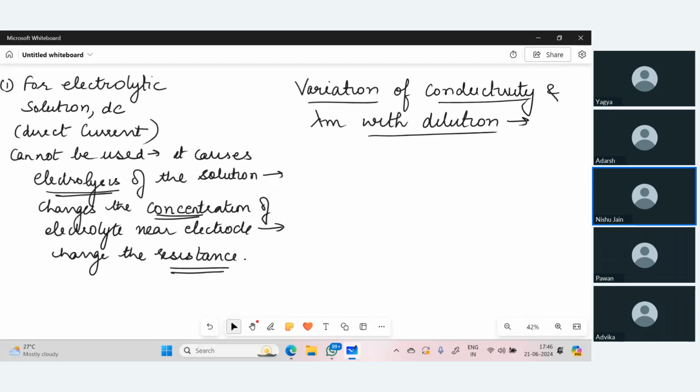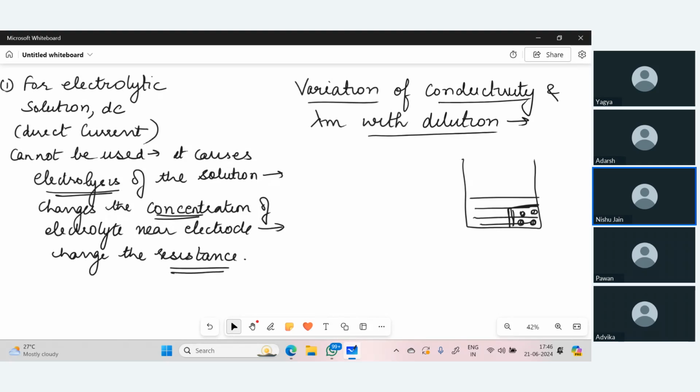Now, let us suppose I have this much of solution and this is 1 centimeter cube. Let us suppose I have 4 ions. The conductance is due to the number of ions. More the number of ions, more will be the conductivity. So you have 4 ions in 1 centimeter cube of the solution, and that is the conductivity.